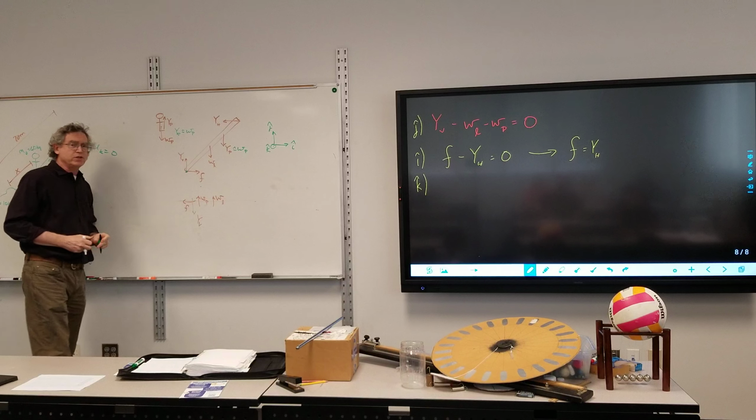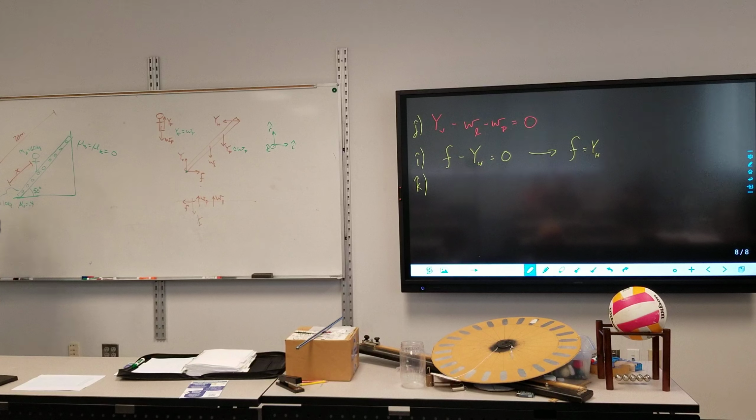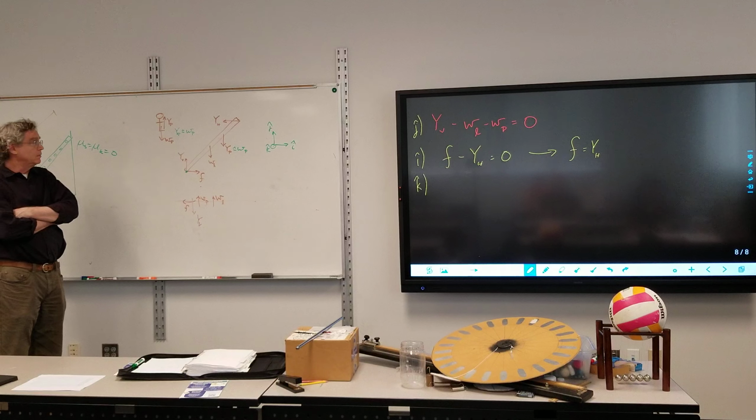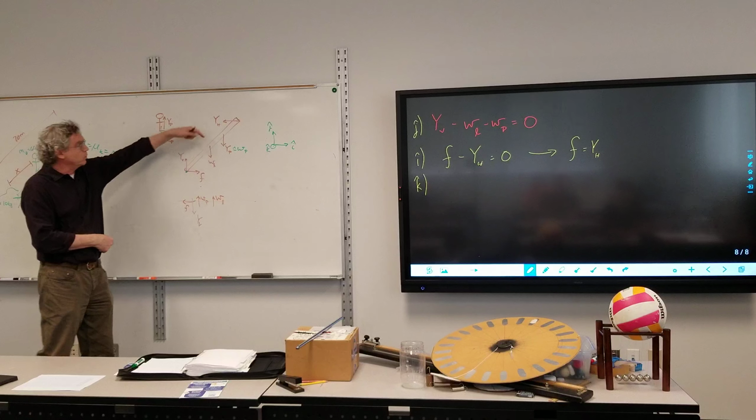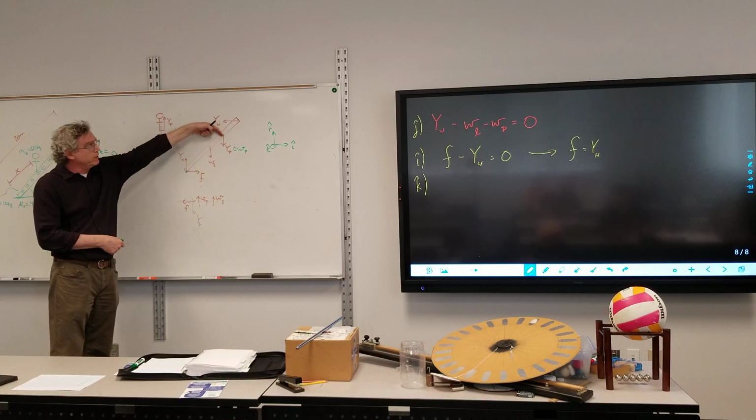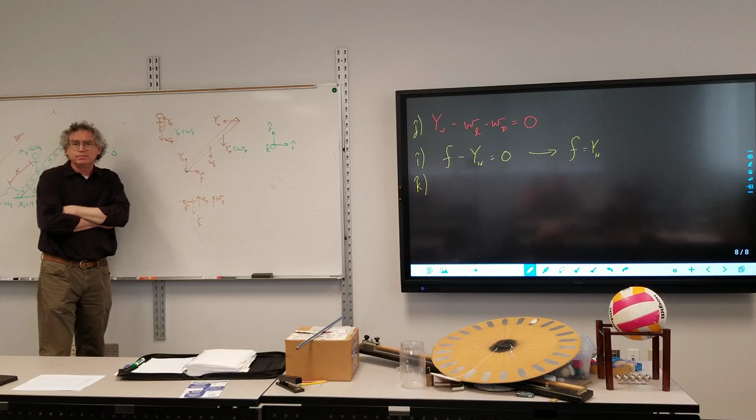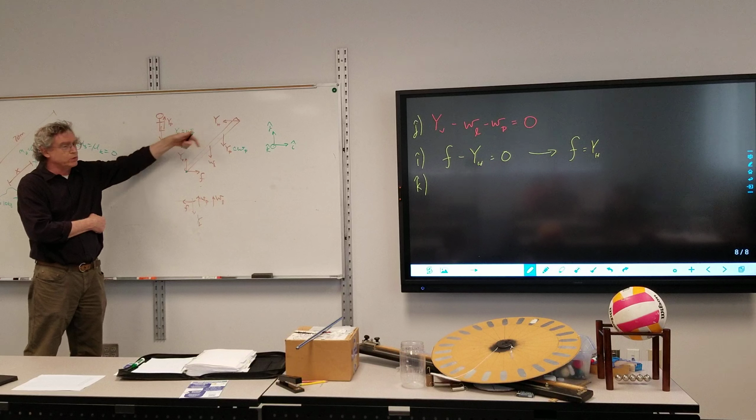What is another location we can pick that will eliminate two torques? I guess the person? If we did the person, that's only going to eliminate one torque. The middle? That will eliminate one torque.